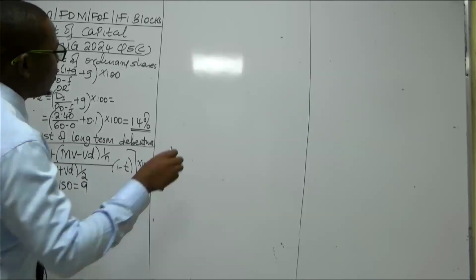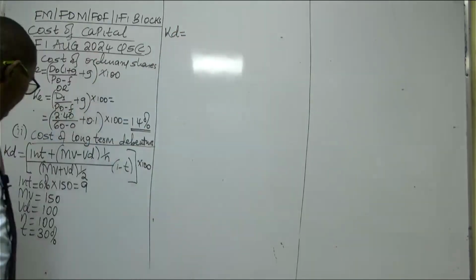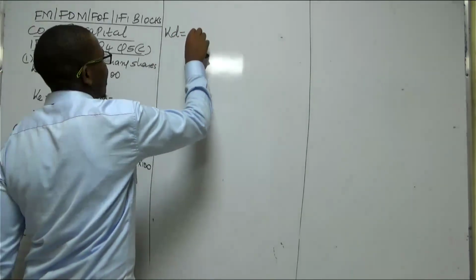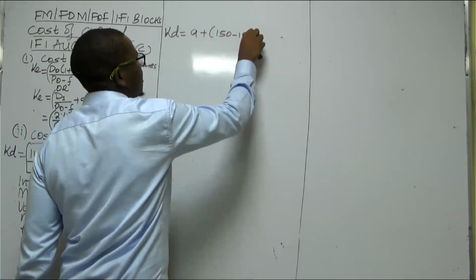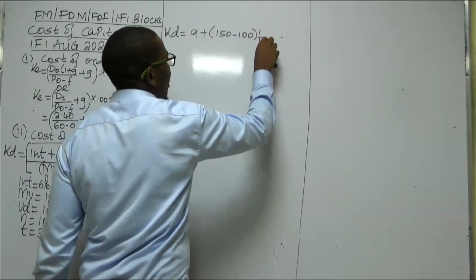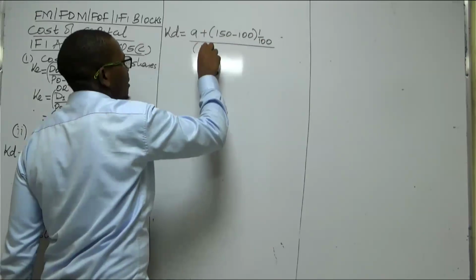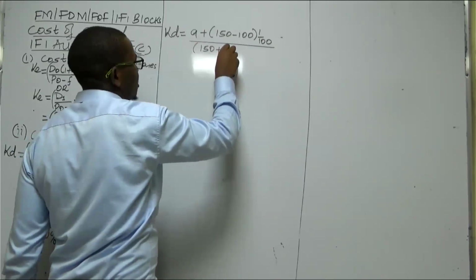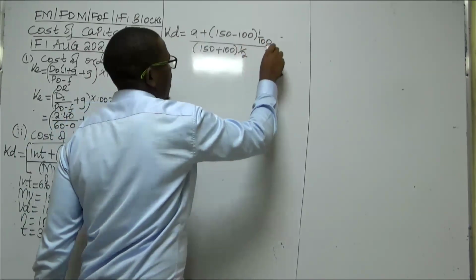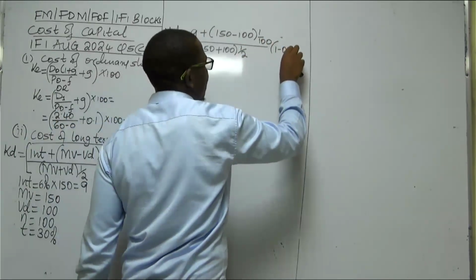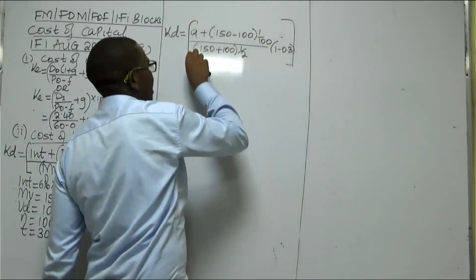30%. So our KD will be given by the interest, which is 9, plus the maturity value 150 minus 100, multiplied by 1/100. Then you divide by 150 plus 100, times 1/2. Then you multiply by 1 minus the tax rate, and all these we multiply by 100.